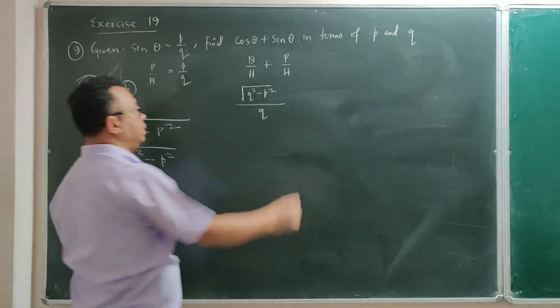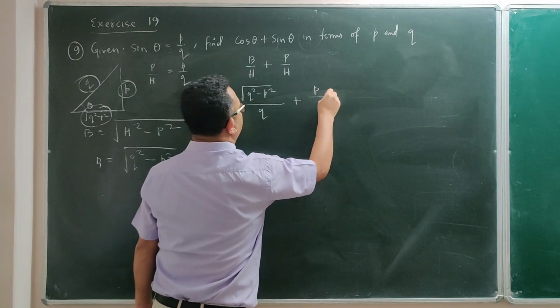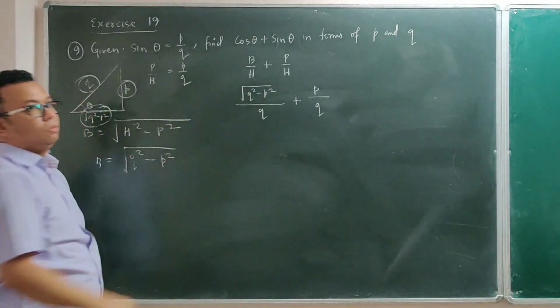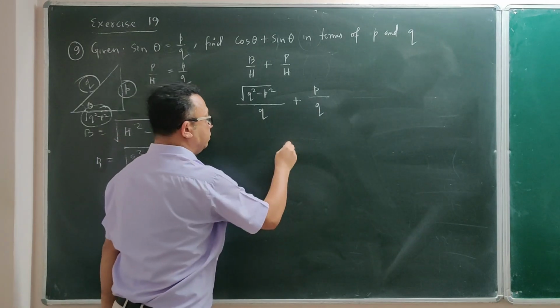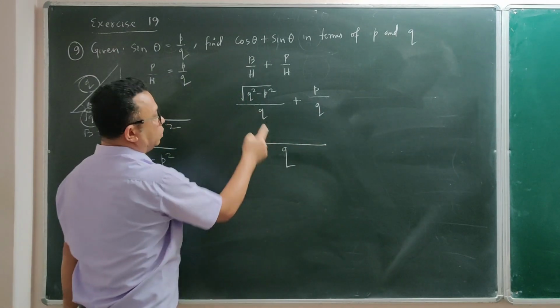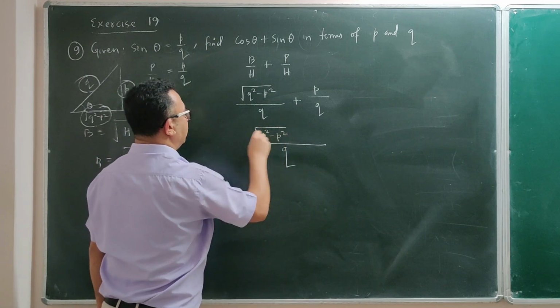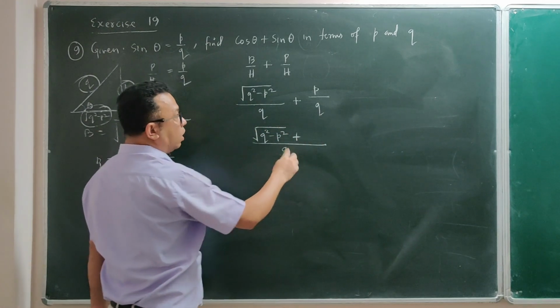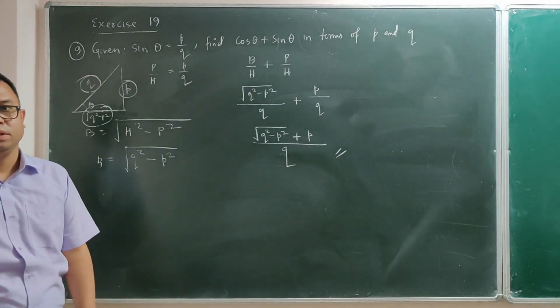Then plus perpendicular p over hypotenuse again q. Now we are asked to add these two. As you can see, the denominator is the same, so the LCM is q. This will be 1 into the root of q squared minus p squared, then plus 1 into p. Yes, this is the answer.